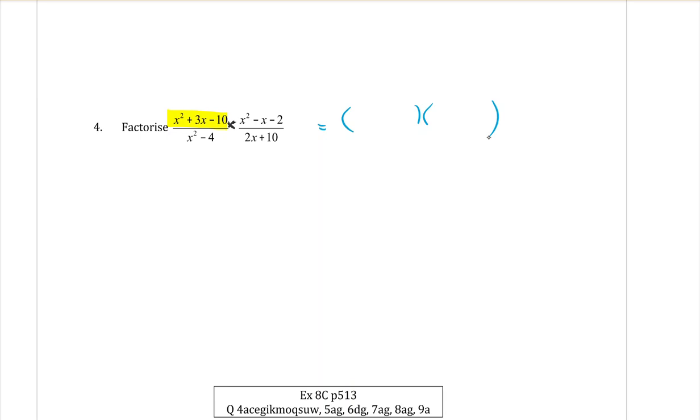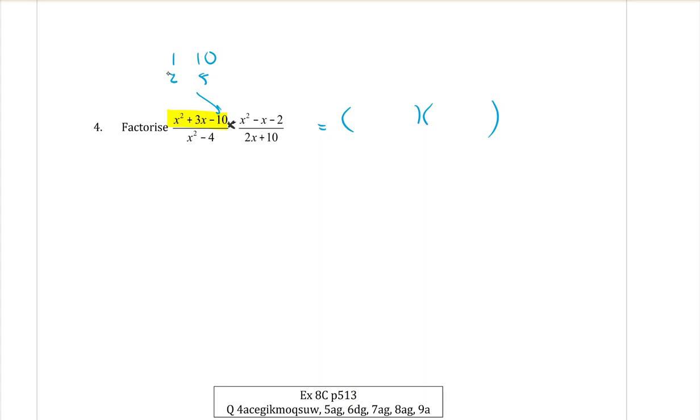Excellent. Which one's positive? The 5. And the -2. So is the smaller number always negative? It depends on that one. Because this number's positive, the bigger number had to be positive. But for the people who can't do it in your head yet, that's okay. Being that this is a 10, it's going to be either 1 and 10 or 2 and 5. They're the only things that times to give 10. Because it's a -10, I know one of them has to be negative.